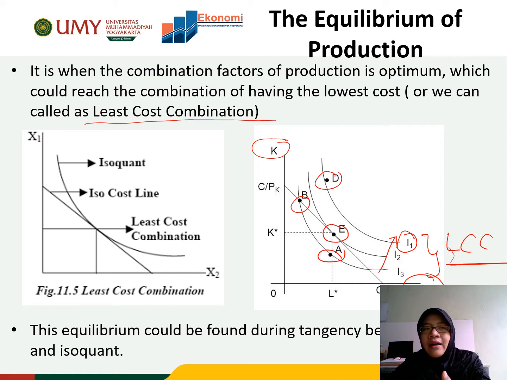The optimum will be in this side, probably some side in here, or if you have the isocost line in here, you have to make it optimum by choosing I2 as your isoquant curve. So this is the basic theory for what we will talk about next, the optimization of productions. Okay.